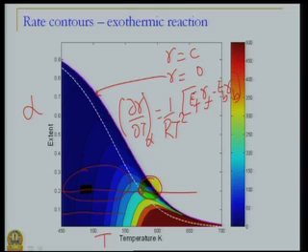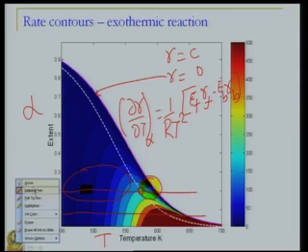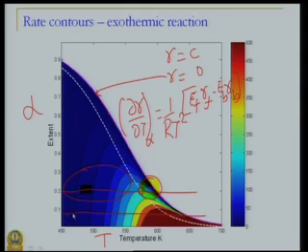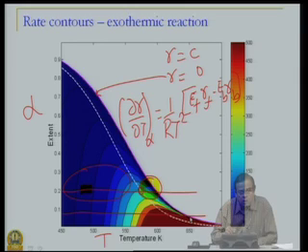Let us say that we are looking at this particular value of alpha, and here you can once again clearly see that as the temperature is increasing, the reaction rates are increasing, but then after some point the reaction rates are decreasing and eventually the reaction rates are going to 0. Now, why is this happening for an exothermic reaction?